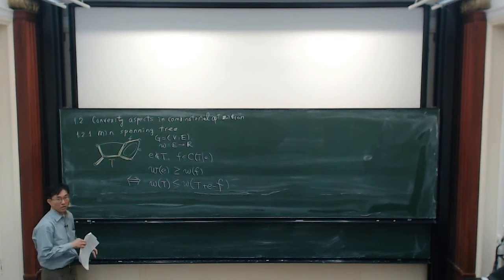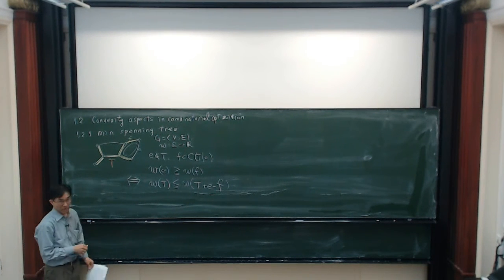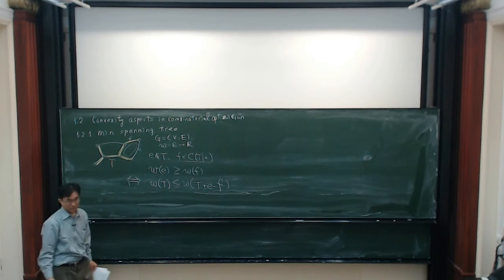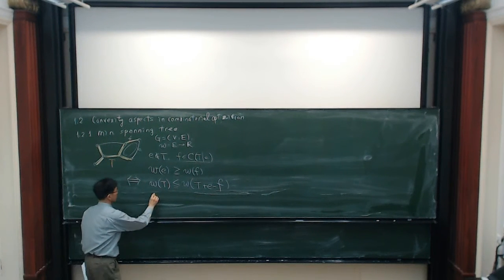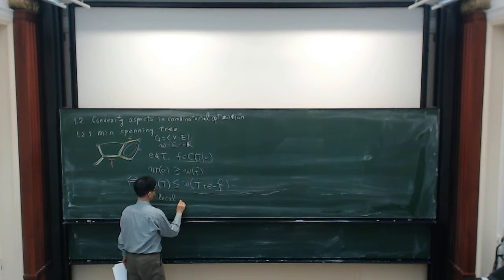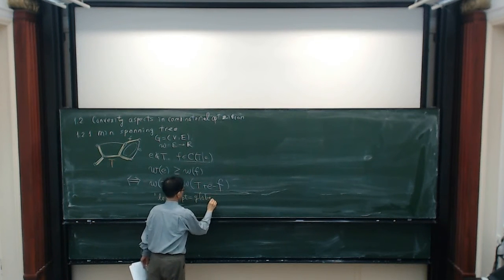And this is the local optimal condition. If you understand that this gives a neighborhood, okay? This is local optimal. Local optimal equals global optimal property.